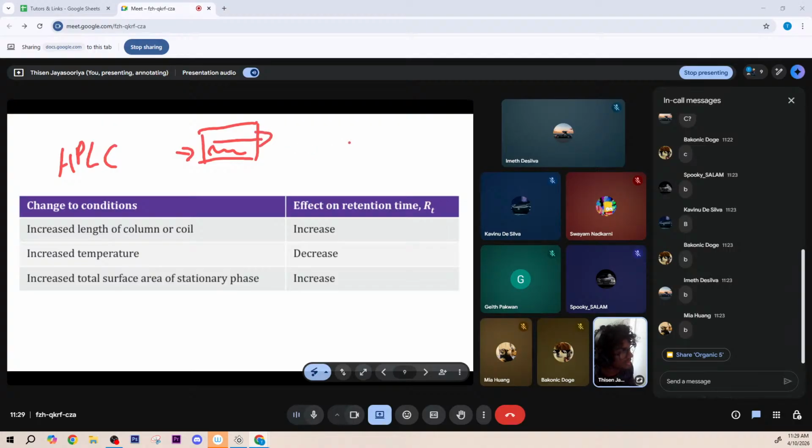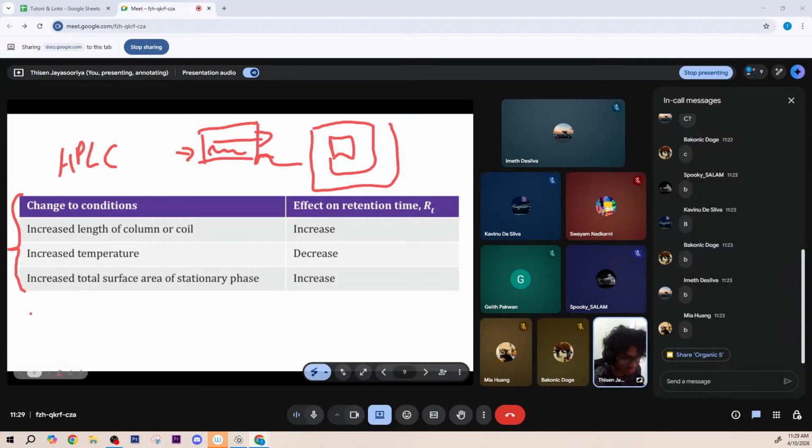I know the machine looks something like this where it's got a bunch of swirls in it, but it really doesn't matter. This long tube can be represented like this. That's the whole idea. But these are some ways that changing the conditions can affect the retention time. Essentially, we don't want to change the conditions if we want to do analysis. If we change the conditions, then it's going to ruin our whole experiment.